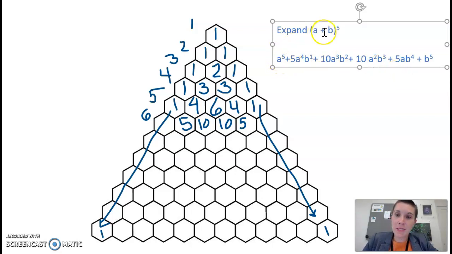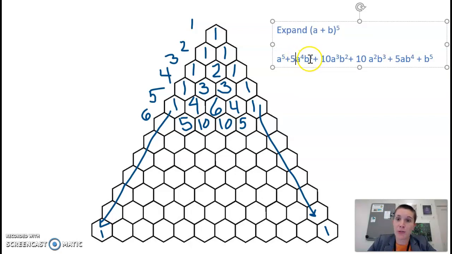So basically what happens is that we start with our exponent and our a term, and we have a to the 5th times our first coefficient, which is always going to be 1. So we're always going to start with a to the power that we have up here. Then we are going to start subtracting 1 from our a exponent while adding 1 to our b exponent.